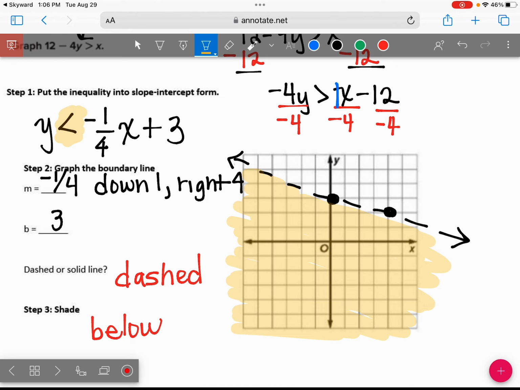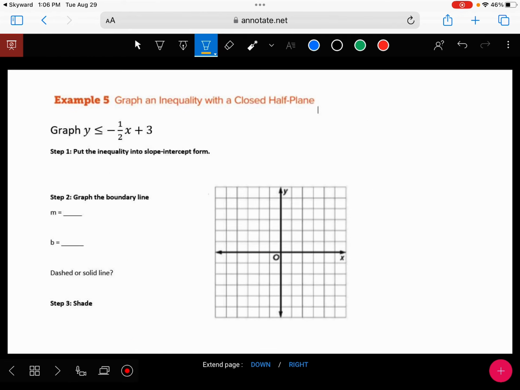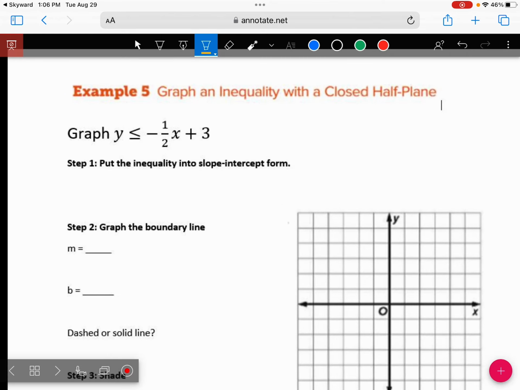All right, let's look at our next example. Let's look at example 5. For example 5, this is already in slope-intercept form. So your slope is this number right here, which is -1/2. So -1/2 is my slope.